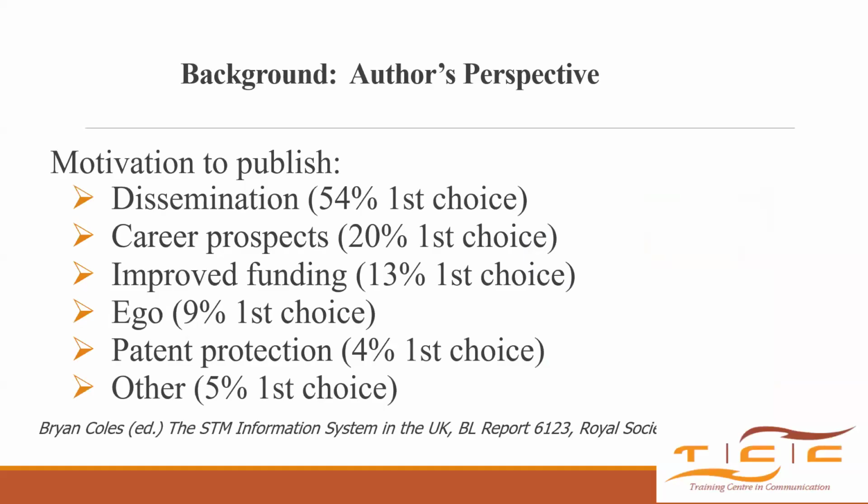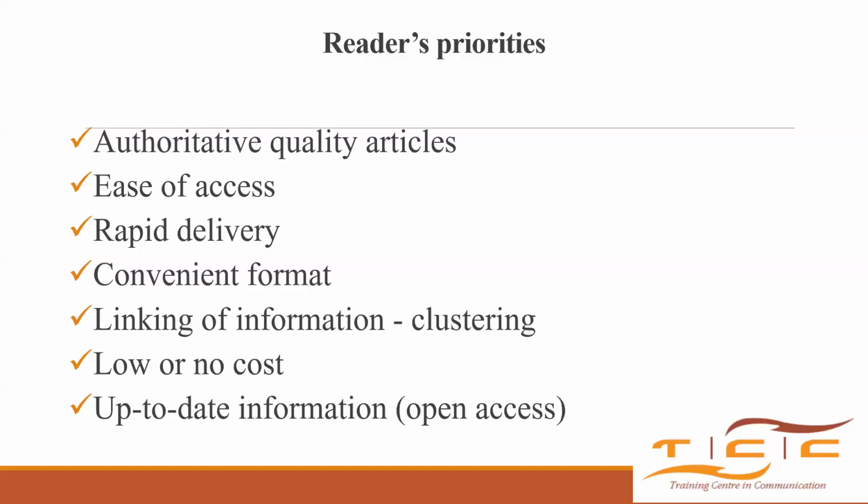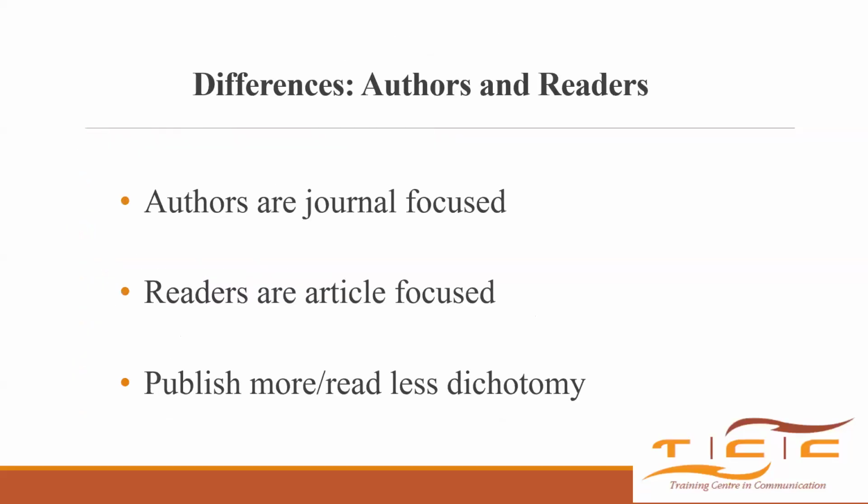Then these ones are just normal things, why people publish. So motivation to publish: dissemination, career prospects, improved funding, ego, patent protection, and others. These ones I'm not going to read. Then there's what we call the publish more, read less dichotomy, where authors are journal focused while readers are article focused.